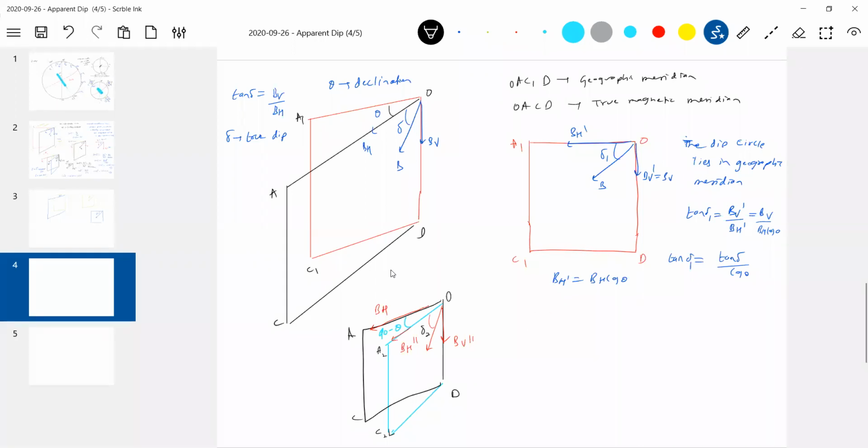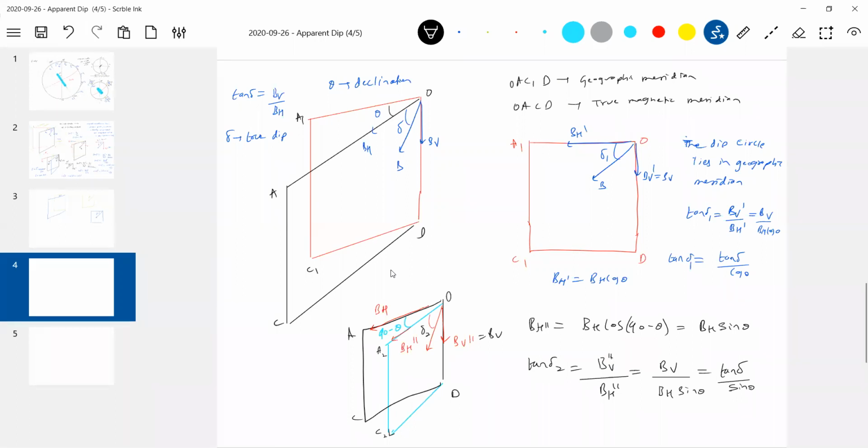First, what is BH double dash? It should be BH cos of 90 minus theta. What is cos of 90 minus theta? BH sin theta. Let's come to tan delta 2. BV double dash by BH double dash should be equal to BV by BH sin theta. So this will be tan delta by sin theta.